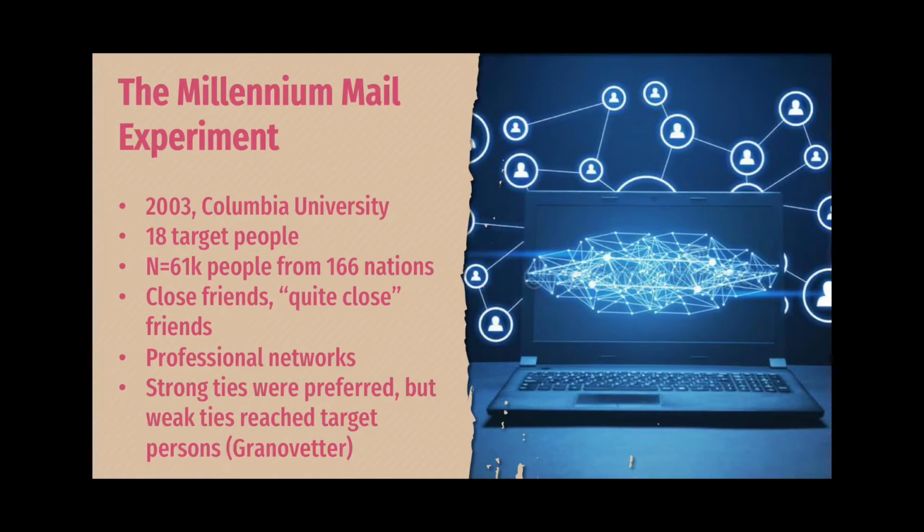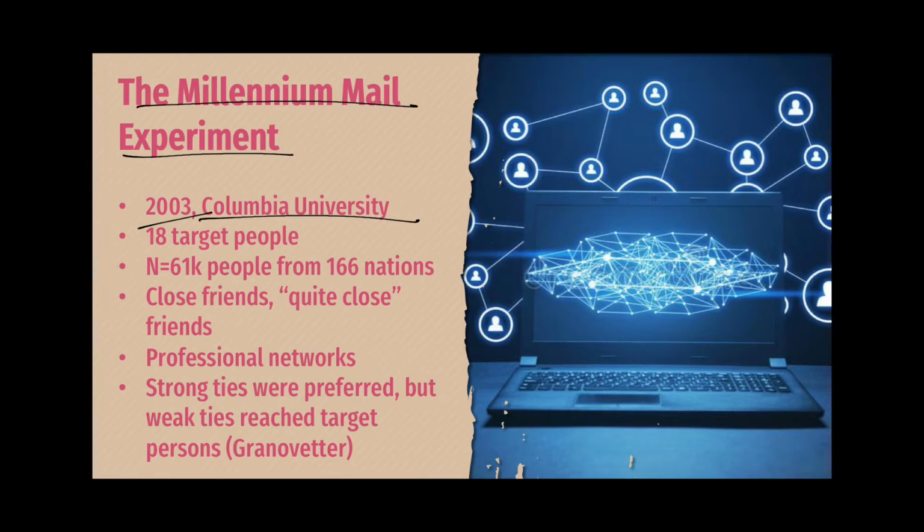Now, this was kind of replicated. This experiment was replicated in the Millennium male experiment. It was done in Columbia University in 2003. Remember, during this time, there's already internet and we're kind of more connected, and there's already the birth of email.